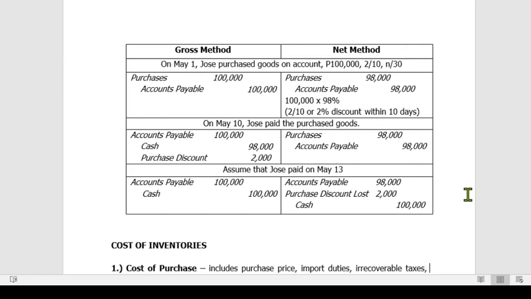Kaya nga the net method gumagamit ng purchase discount loss. Because there is a tendency na yung ni-recognize mong discount using the net method ay hindi naman talaga na-avail ng client. So, magkakaroon ka ng account title na purchase discount loss.